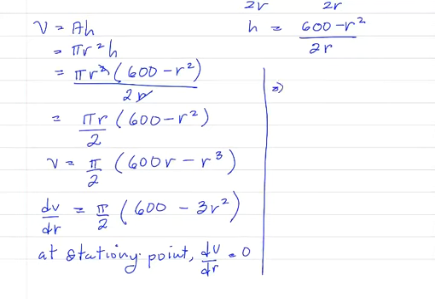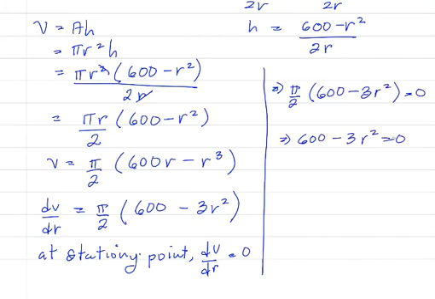So therefore, pi over 2 times (600 minus 3r squared) would be equal to 0. Pi over 2 is not 0, therefore 600 minus 3r squared must be equal to 0.